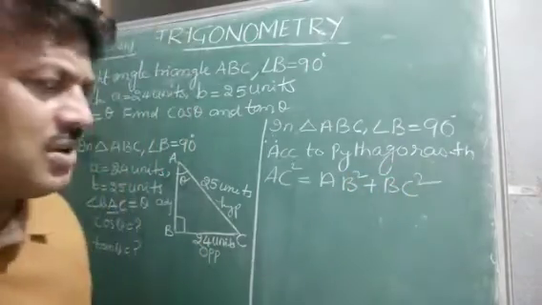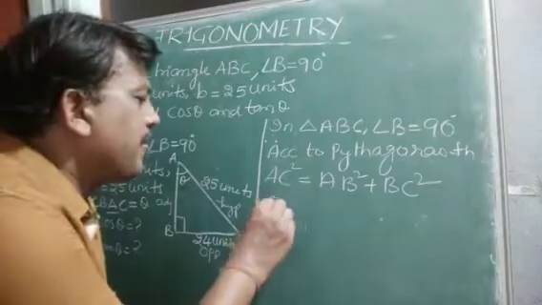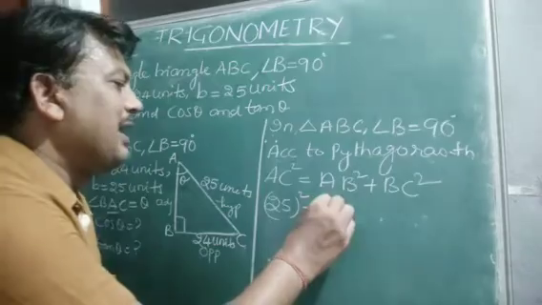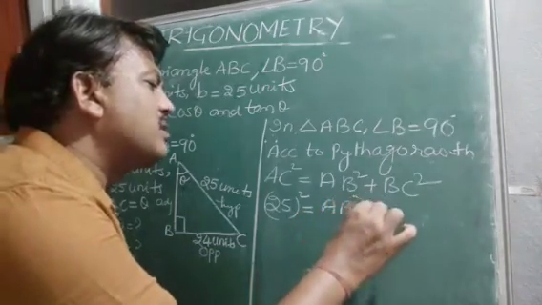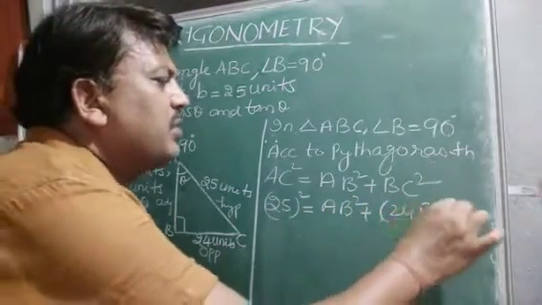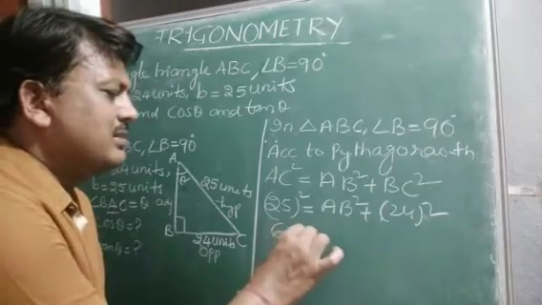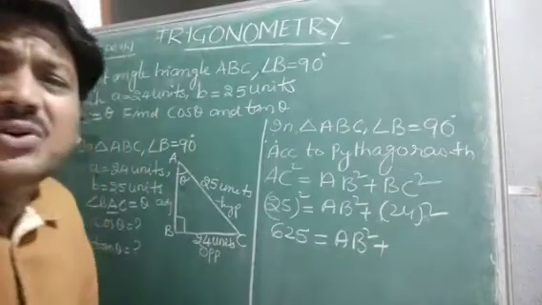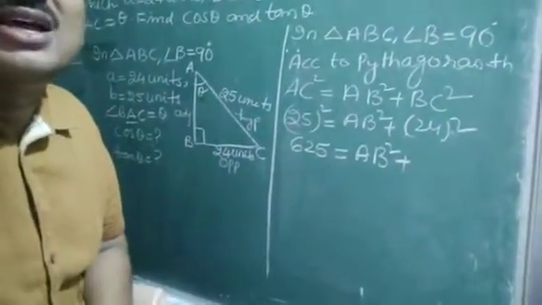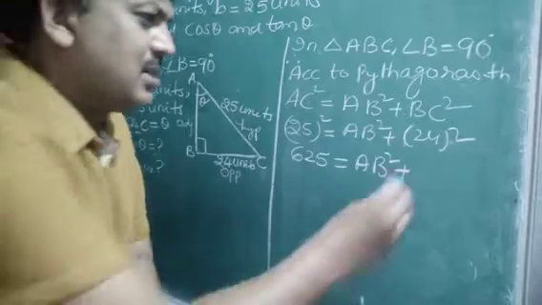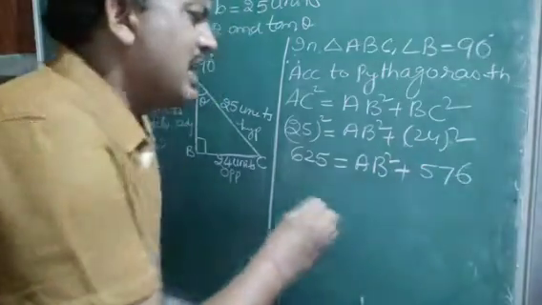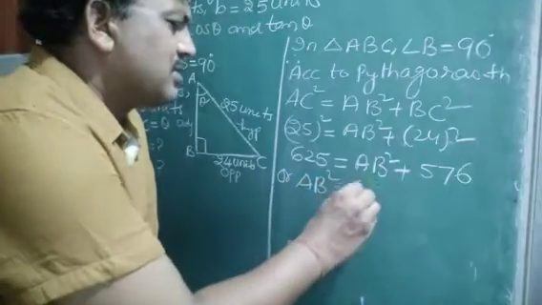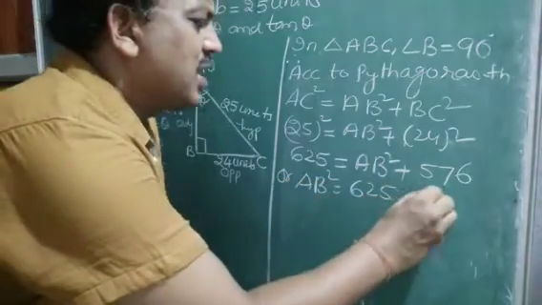This chapter is very easy, children. AC is 25 units, whole square, is equal to AB, which we have to find first, plus BC, 24, whole square. This is 625 is equal to AB square plus 24 square, and 24 square is 576. So AB square is equal to 625 minus 576.